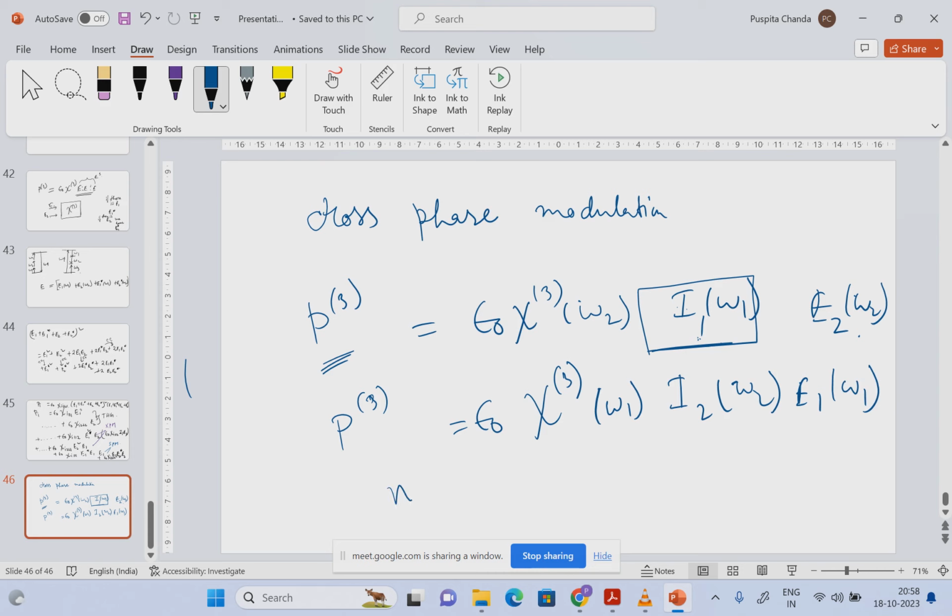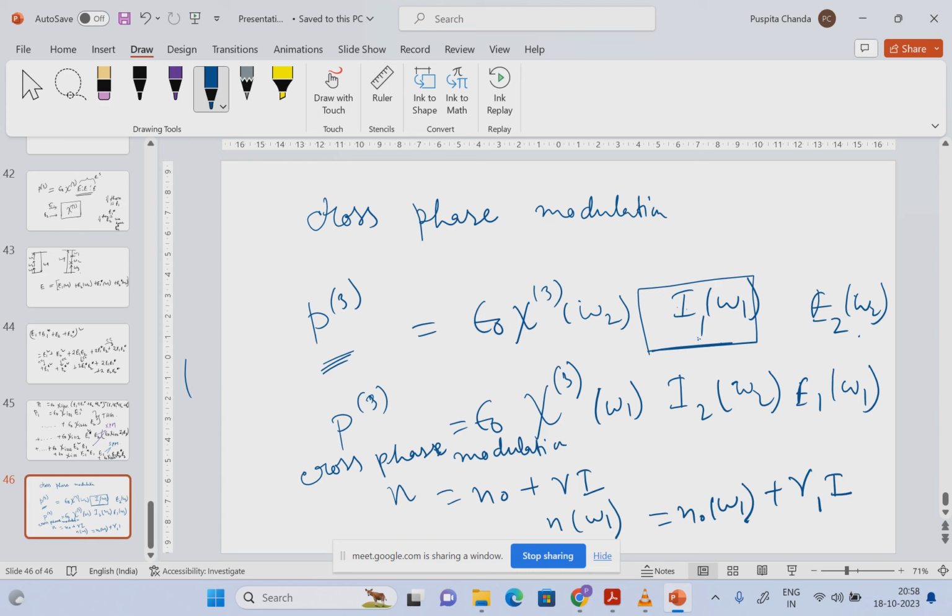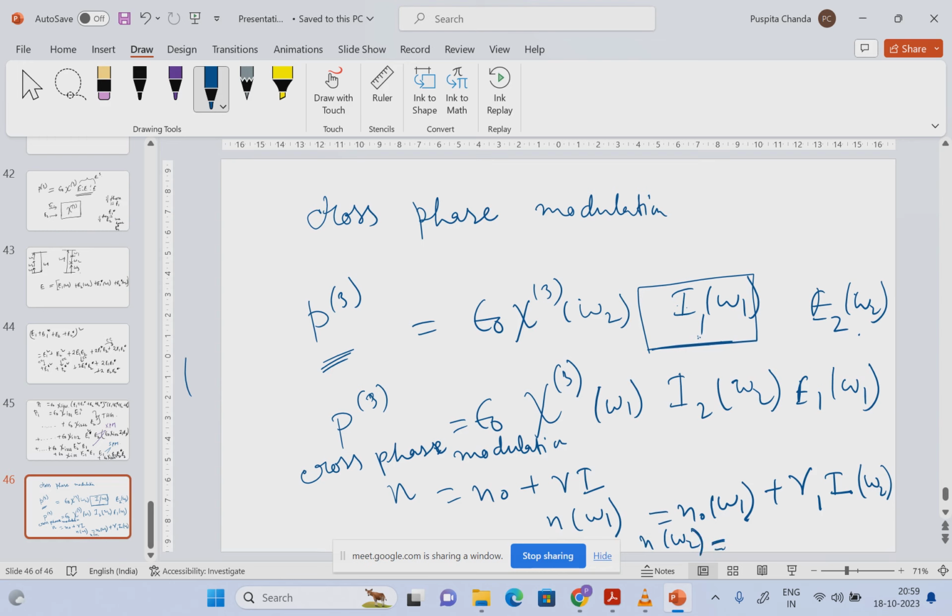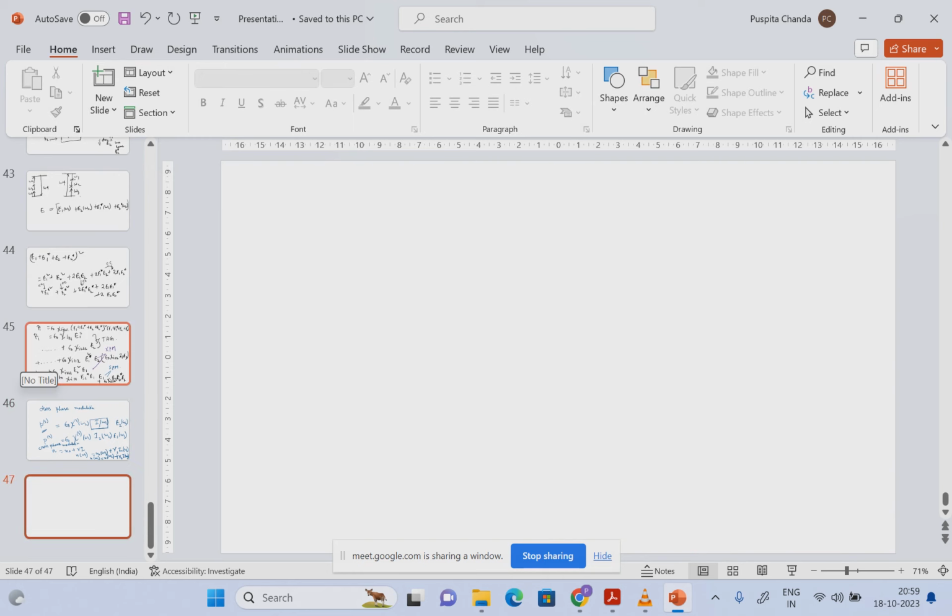Okay. And also the refractive index, which is n0 plus gamma I. So for cross phase modulation, n at omega 1 will be modulated by I at omega 2, and n at omega 2 will be modulated by I at omega 1. That is called cross phase modulation.